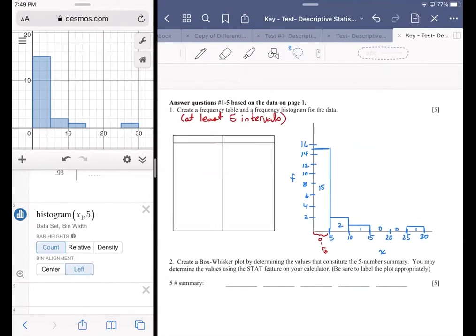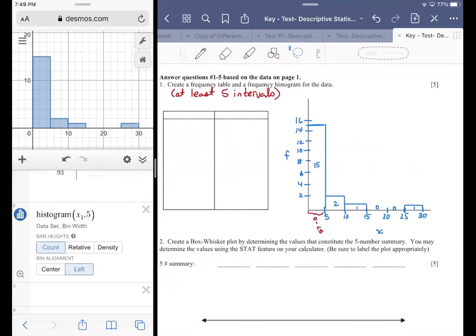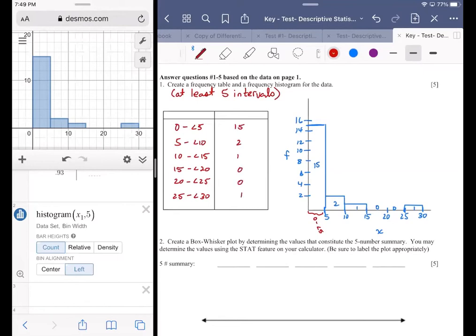So you can get the table out of this also. 0 to less than 5, 5 to less than 10, 10 to less than 15, 15 to less than 20, 20 to less than 25, 25 to less than 30, and then just put in the appropriate numbers, 15, 2, 1, 0, 0, 1. So those are our X values and our frequency.